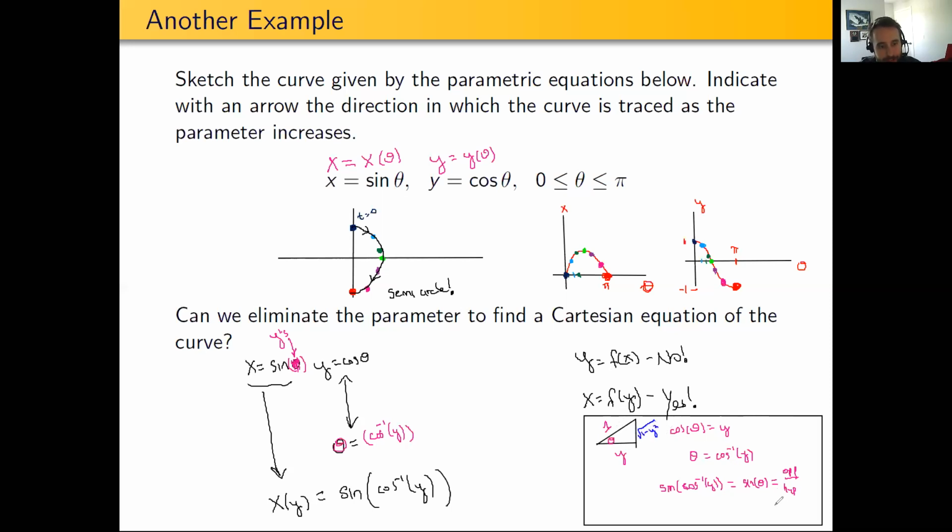So sine of theta will ultimately equal the square root of 1 minus y squared divided by 1, just the square root of 1 minus y squared. So what is x of y? x of y is equal to the square root of 1 minus y squared.